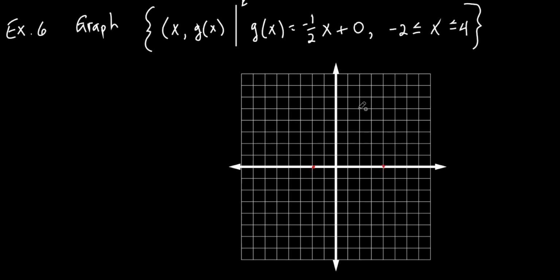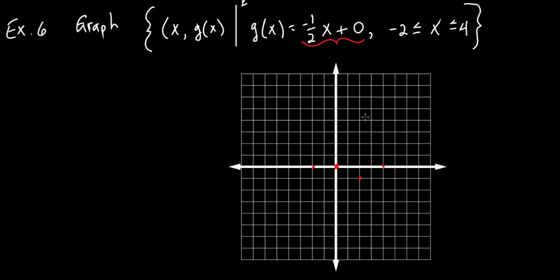But remember how I did my graph and I stuck those 2 arrows on the ends? That's if you didn't have any restrictions. But now we can only go between -2 and +4. So let's graph this first. What's the y-intercept? It's 0. What's the slope? -1, run 2, right? You with me?